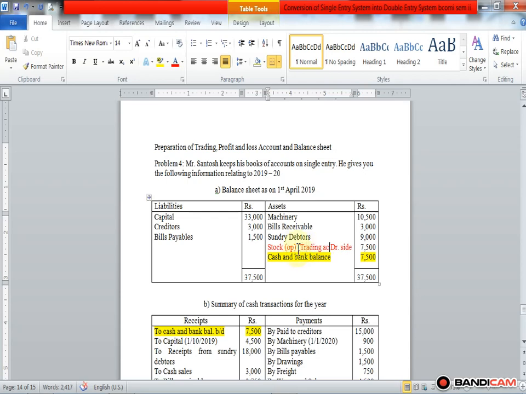Trading account, debit side, because the balance sheet is given and this balance sheet is the opening balance sheet. So opening balance sheet balances are transferred to respective accounts. That is, the opening balance of stock is transferred to trading account, debit side, amounted to rupees 7,500.